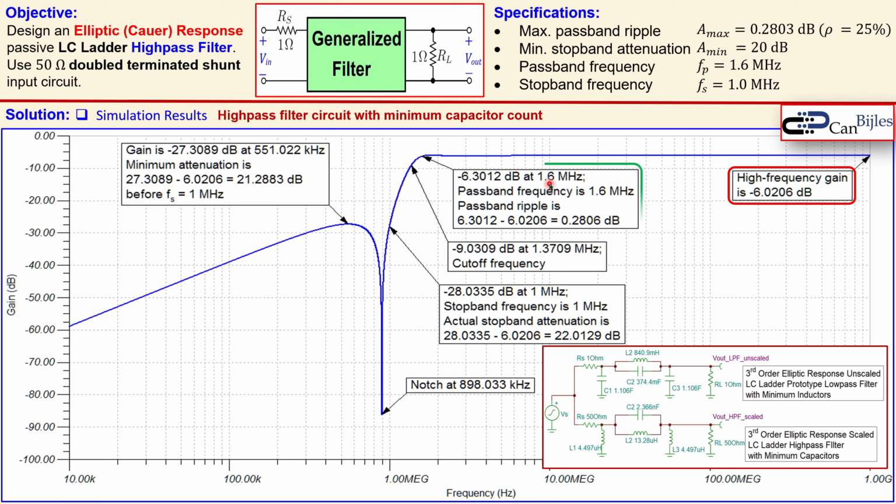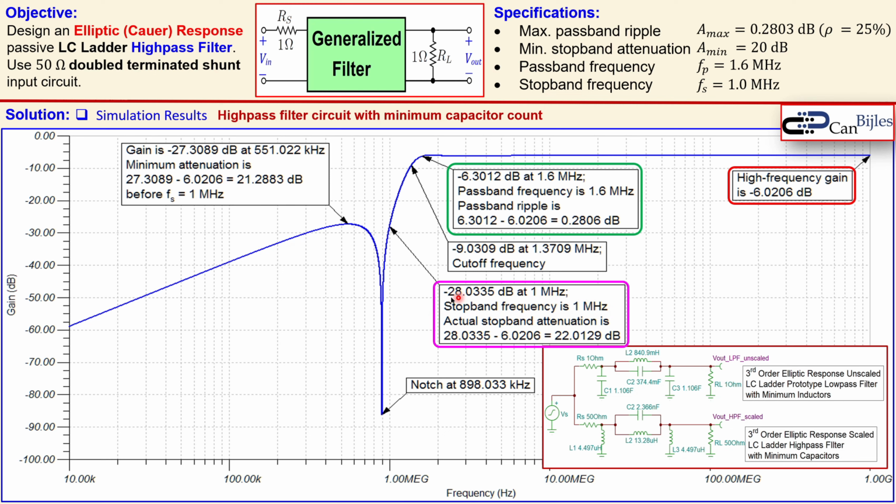Looking at 1.6 megahertz here, you see that the ripple from the baseline going down to this value is 0.2806 dB, which is a little bit larger than the maximum allowed ripple, but that is not really that much. You can actually consider this as a rounding error, so this is also perfectly fine. The following label is about the stop band attenuation.